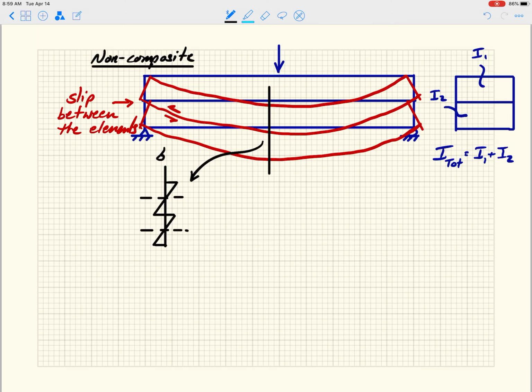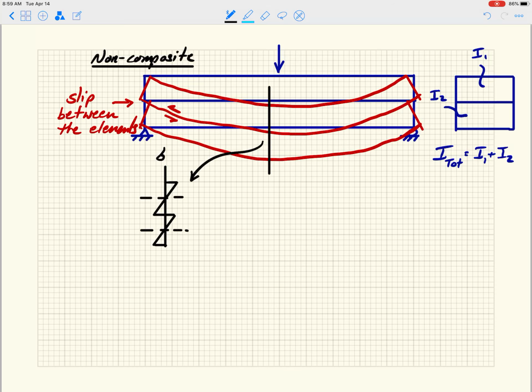So that beam is basically just the sum of its parts. There's no additional synergy that you get between these elements.